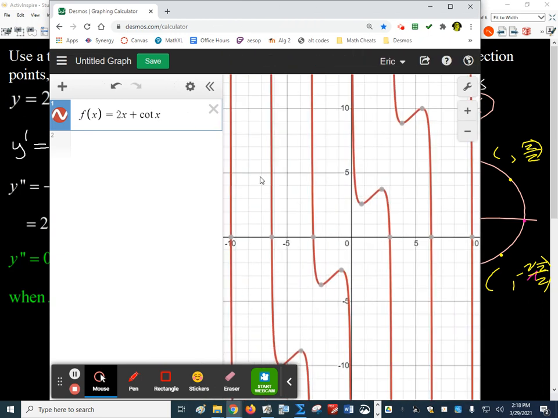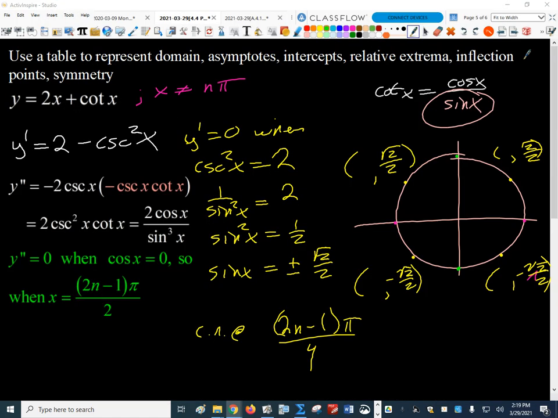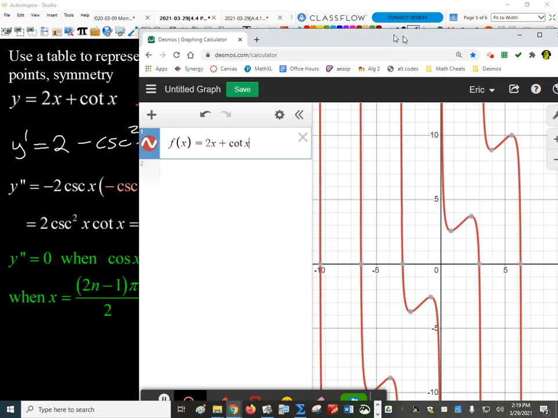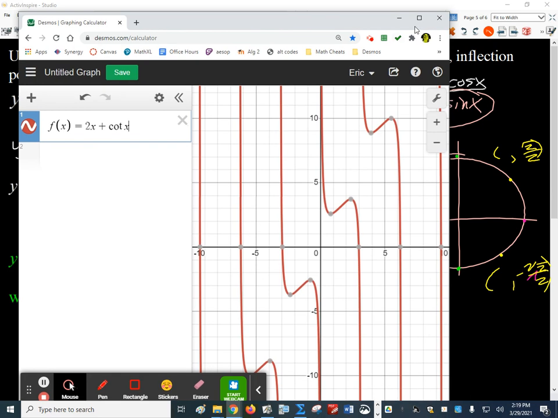Each time the shape of the curve is going to be shifted vertically because we've got that 2x term in there. On an AP test, this problem would have definitely said between 0 and 2 pi, so we'll just assume we're only looking between 0 and 2 pi.